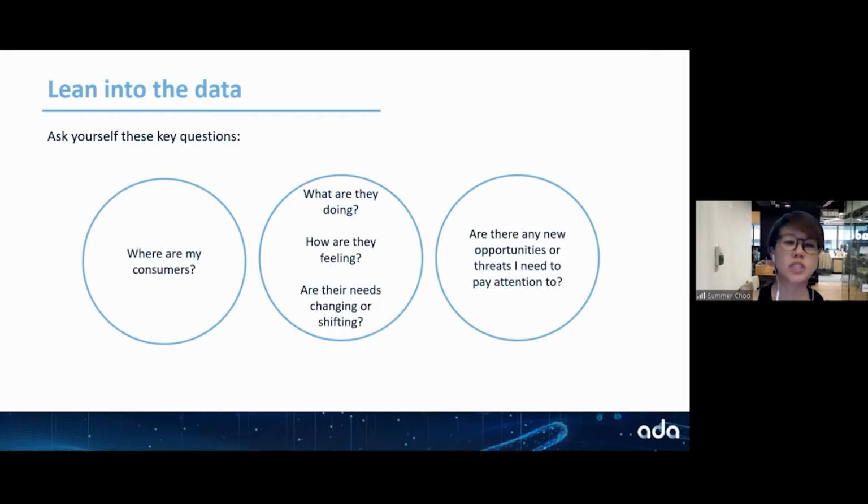Are they sharing communication, or are they contributing to it? Are they happy, or feeling neutral? From understanding their sentiments and the things they've been saying and doing on these channels, we will be able to find out new opportunities or threats that we should pay attention to.